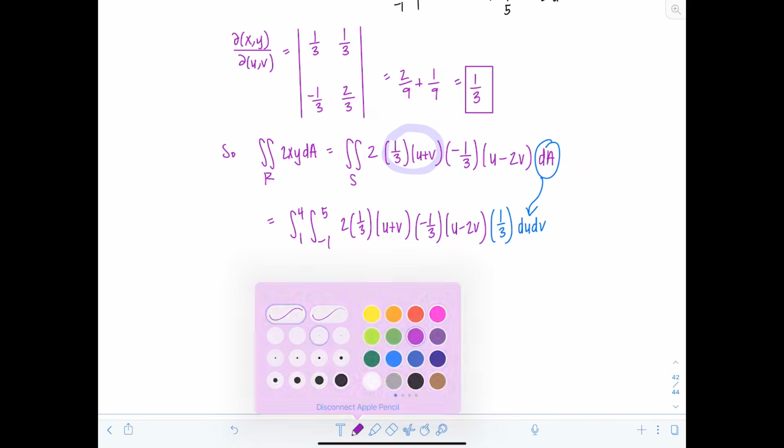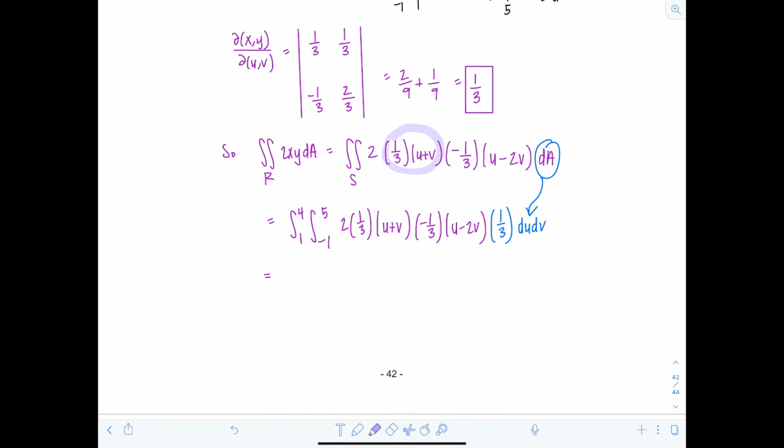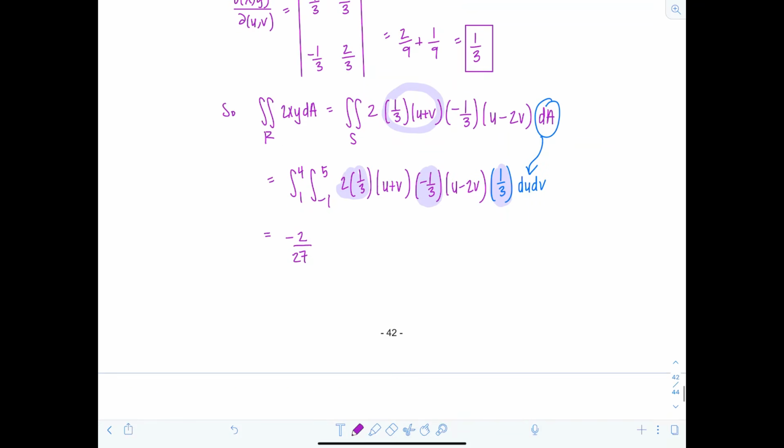All right, what to do next? Take all those nasty constants outside, right? 2/3, a -1/3, and another 1/3. That gives me a -2/27 sitting outside. Then you're going to have the integral from 1 to 4, -1 to 5, (u plus v) times (u minus 2v), du dv.